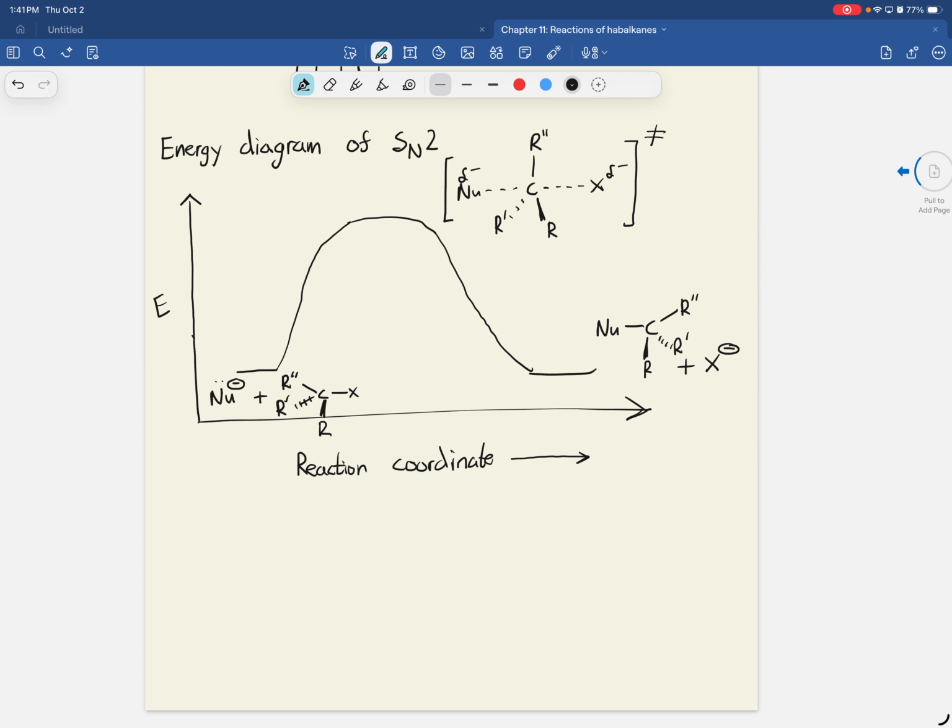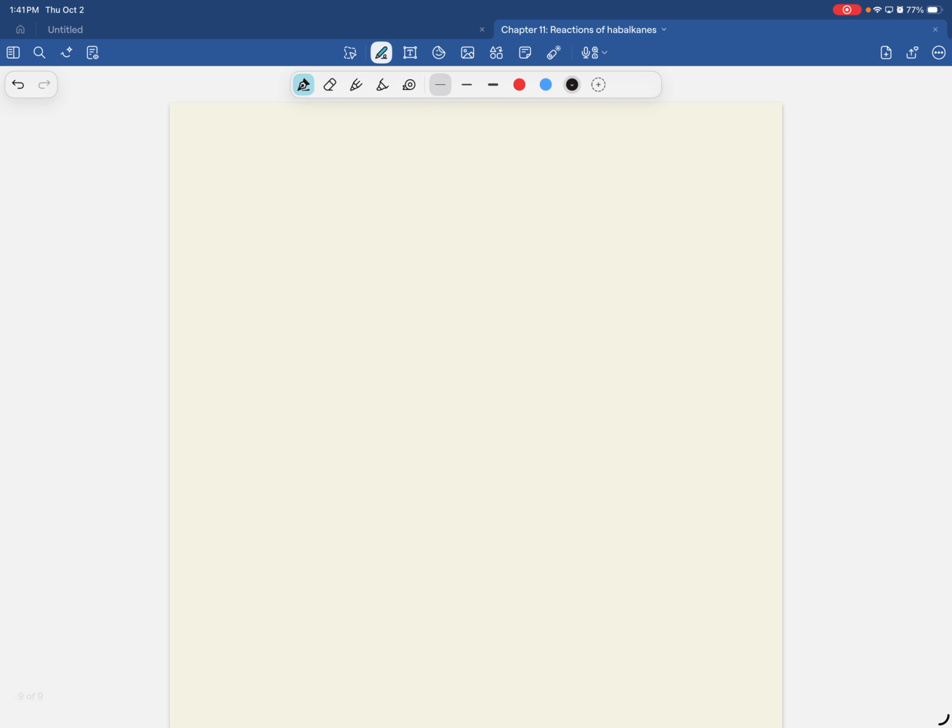So I probably need a new page. Let's go to new page. All right, so let's do this example. Synthesis of an enantiomer with retention of configuration by SN2 reaction.